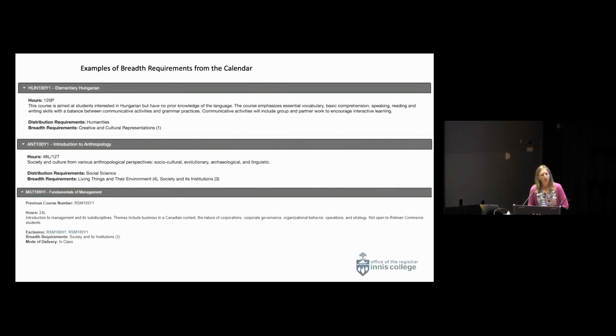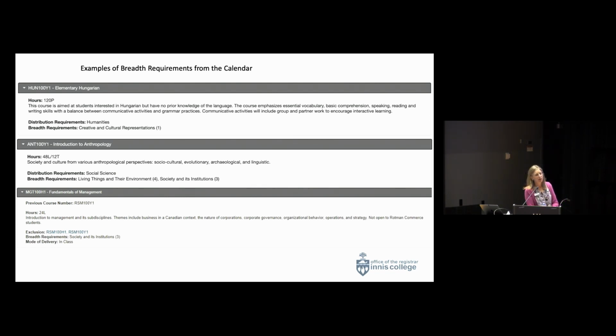Okay, so how do you know what courses fall under which breadth category? Well, here's a couple of examples here that I pulled right from the academic calendar. Hungarian 100, the course I strongly recommend. It's a full credit course, and we know this because there's a Y in the course code. No surprise, it's a language course, so it falls into breadth category 1.